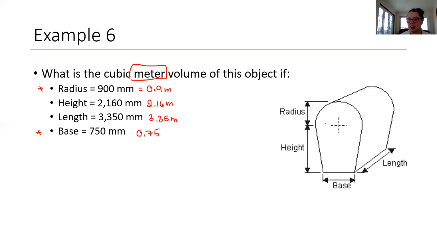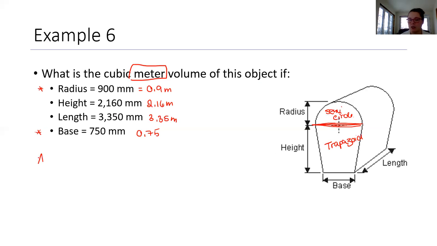Now let's look at our diagram. What shapes do we have? Well, if we cut this across the middle, across the crosshair here, the bottom is a trapezoid, and then the top is a semicircle. Easy enough to calculate the area of.